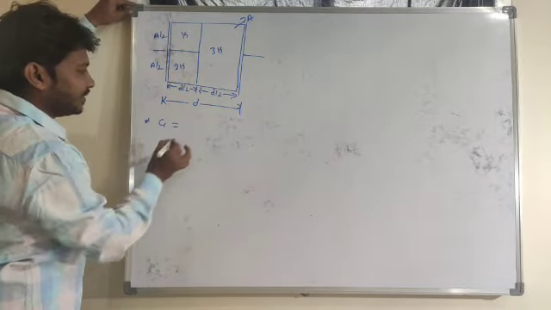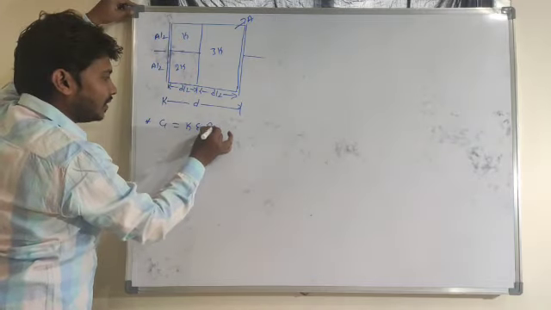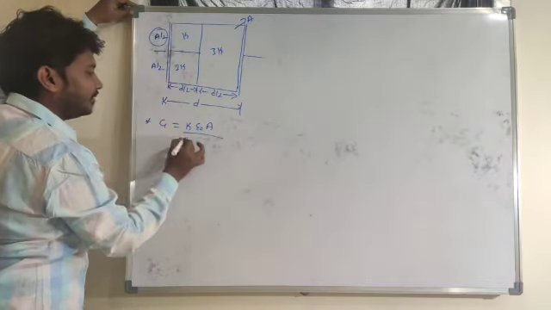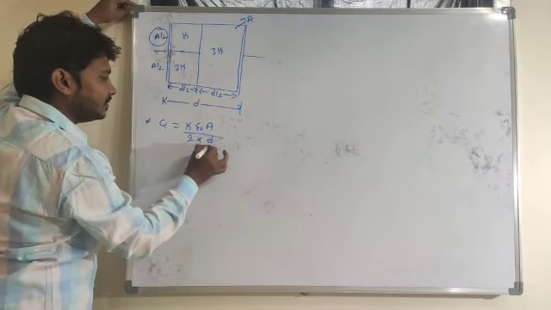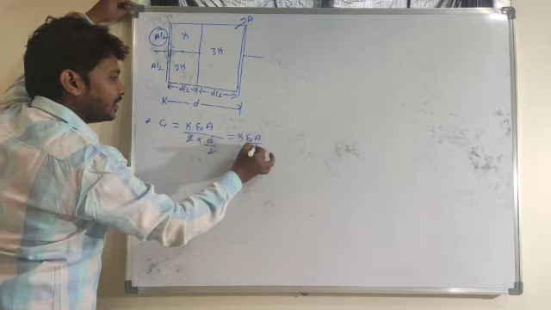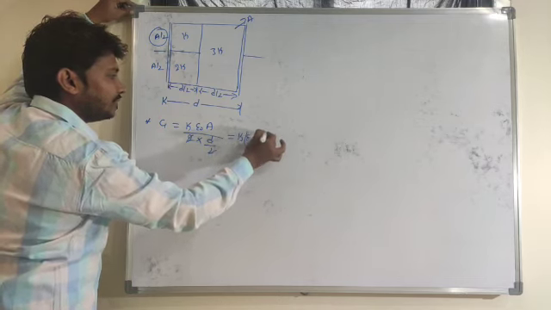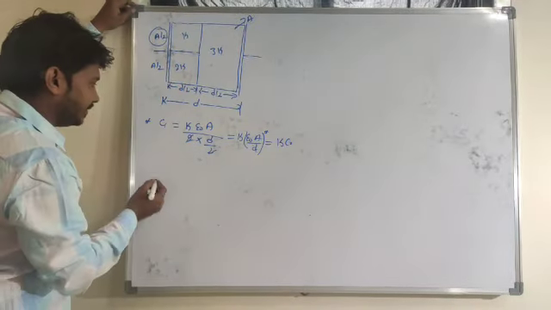So C1 is equal to, what is the value? K1 is K, epsilon naught, area is A by 2, into distance D by 2. That is K into epsilon naught into A divided by D. Let me consider this as C naught here, so K into C naught here.